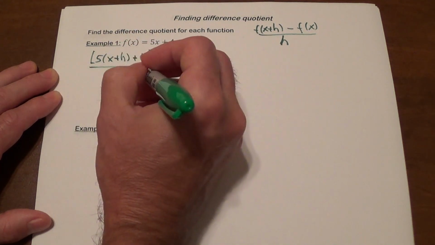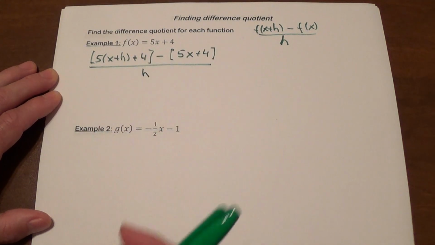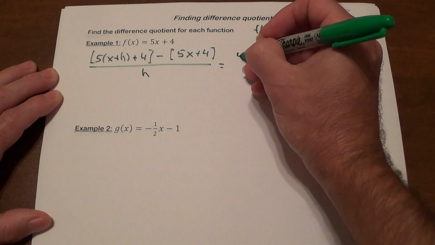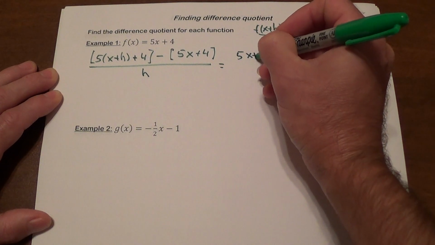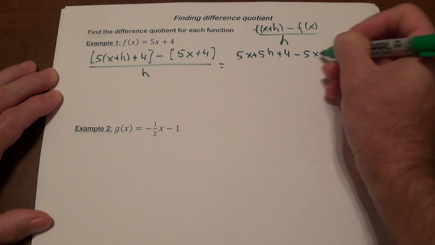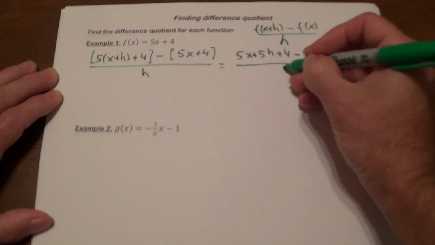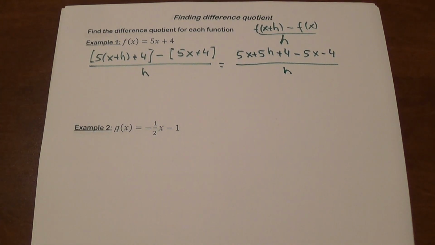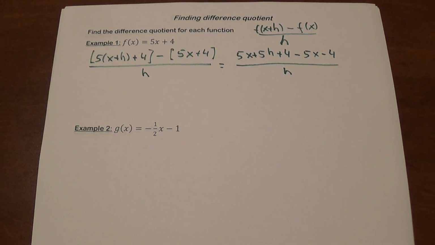And then you're going to divide it by h. And then you just need to simplify it. That gives us 5x plus 5h plus 4 minus 5x minus 4. I am of course simplifying here as well as opening parentheses.